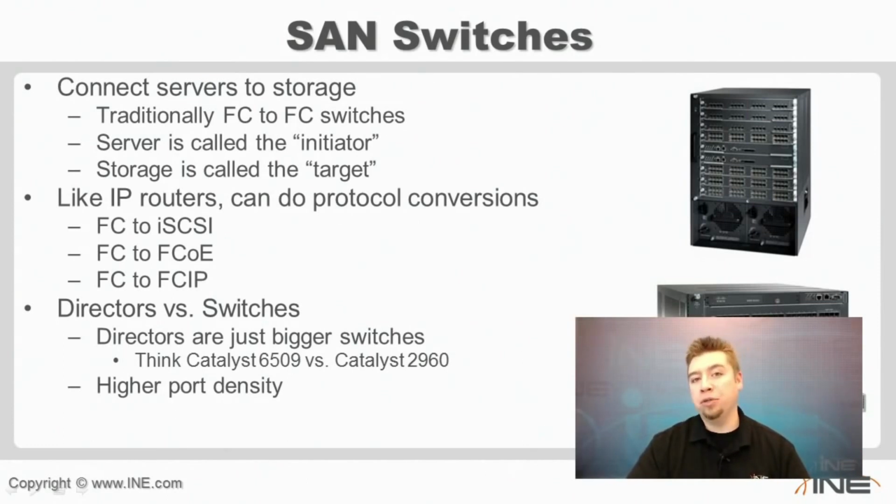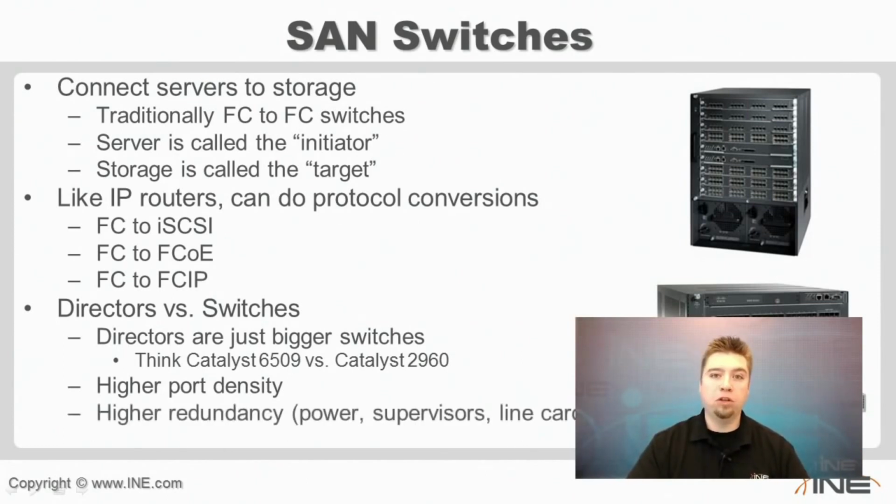But also the big issue is that we have redundancy. So with something like 6500, we have redundant power supplies, we have redundant supervisor modules, we have redundant line cards. So if one line card goes down, we can continue to forward. This is basically what they're talking about when they say a director class switch.